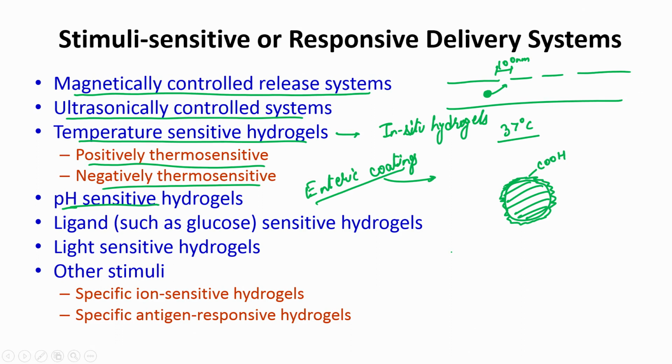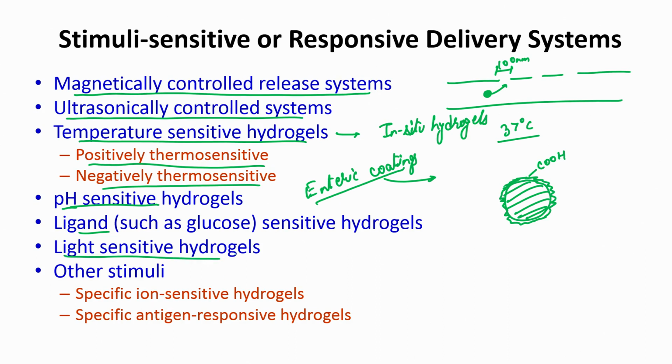We will talk some more about this pH sensitive system, and then these could be ligand sensitive too. So maybe in presence of a certain ligand such as glucose or something else, these systems will do some change in property and cause release of the drug, or again enhancement of cell attachment, some property that is desired in your disease application. These could be light sensitive as well.